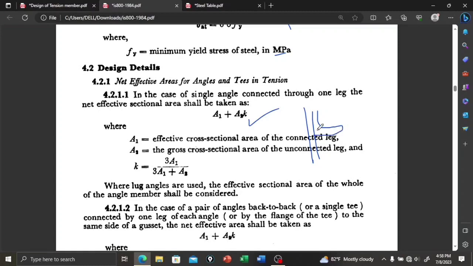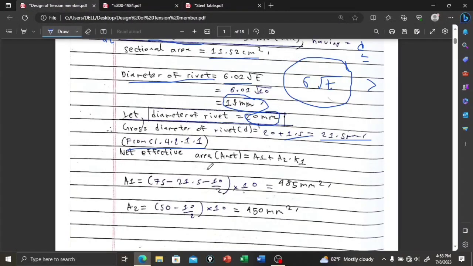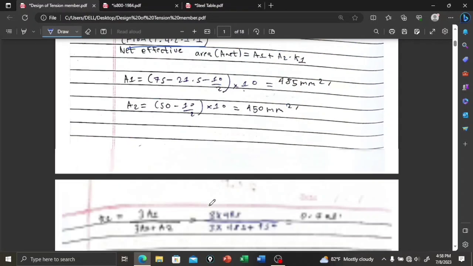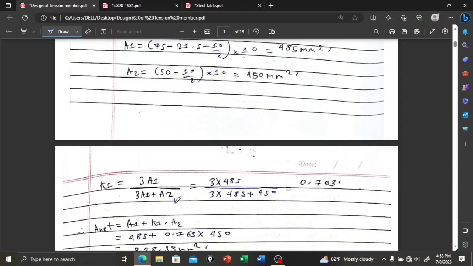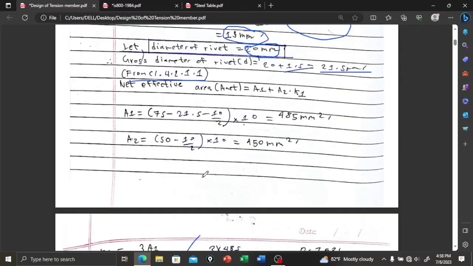This is angle section, single angle connected through one leg. Then the formula will be A1 plus K times A2, and the K will be calculated as 3A1 divided by 3A1 plus A2.